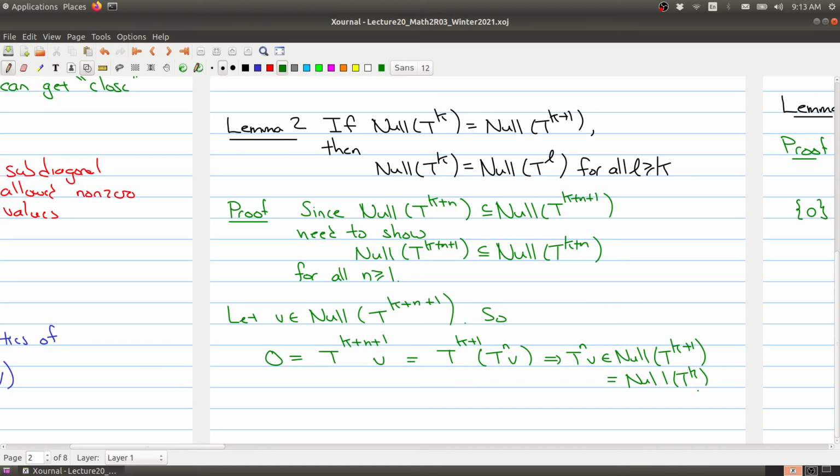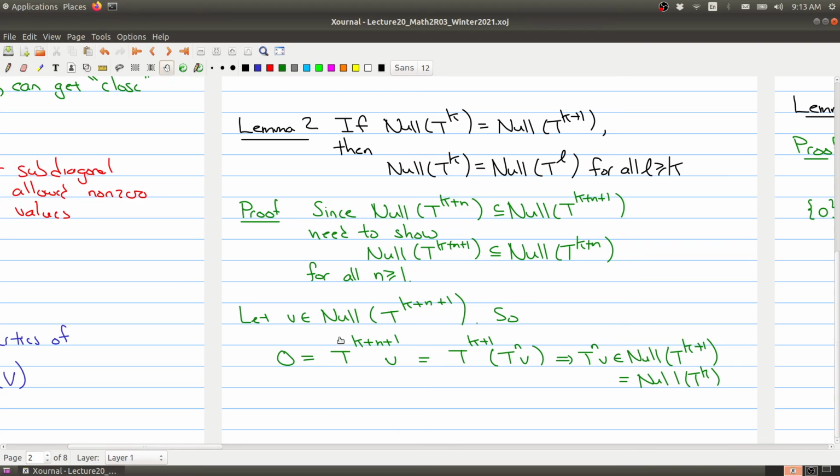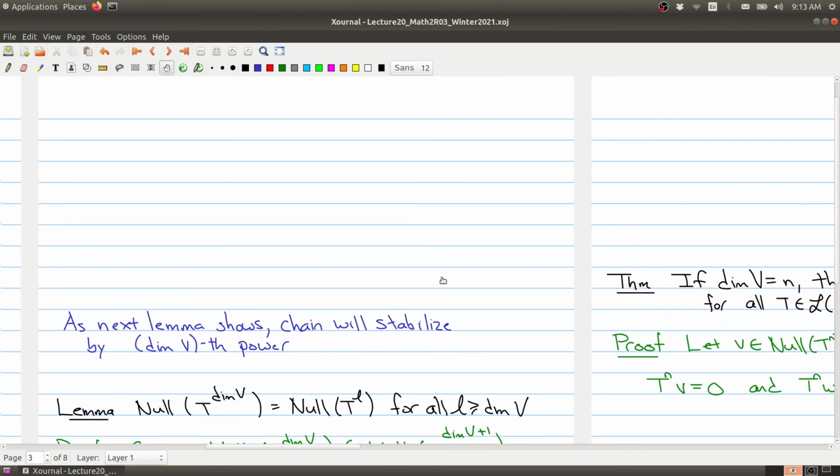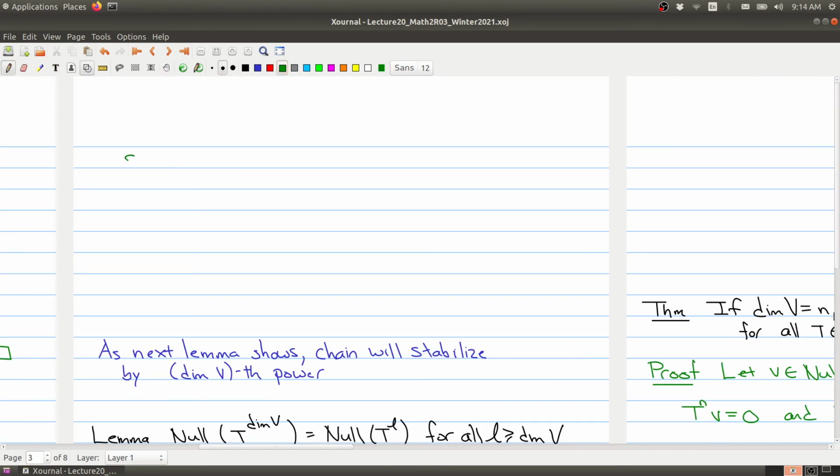Okay, so that's important to know. This is where we're using our hypothesis. So let's think about what this means. We have that T to the n v is in this null space. So T raised to the power of k of T to the n v is equal to 0.